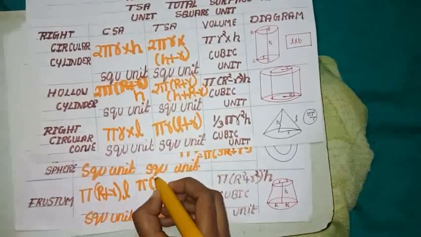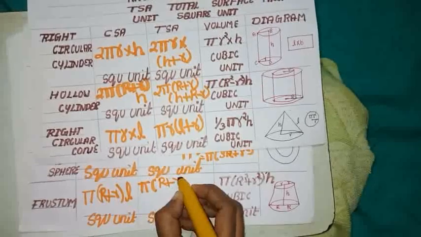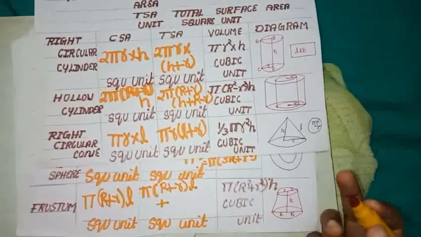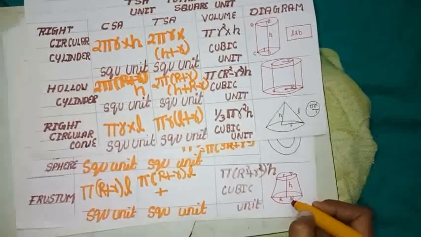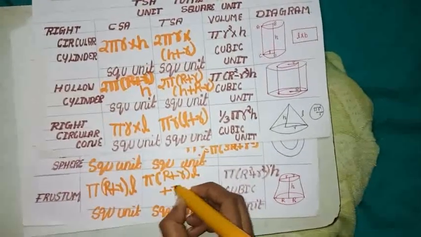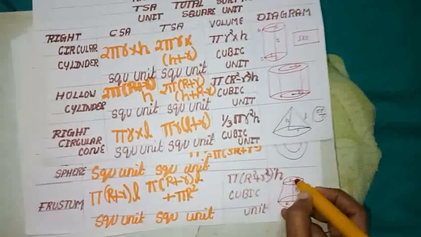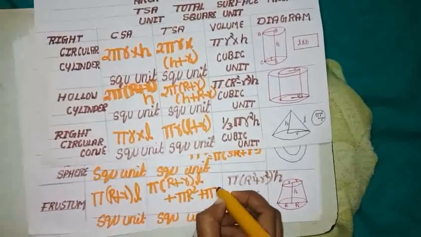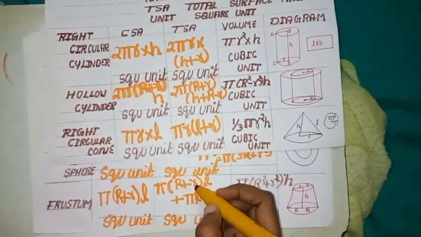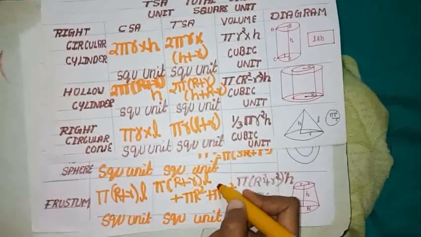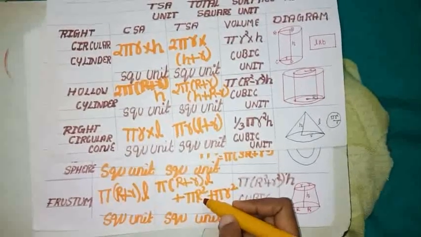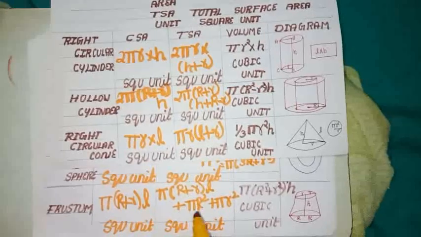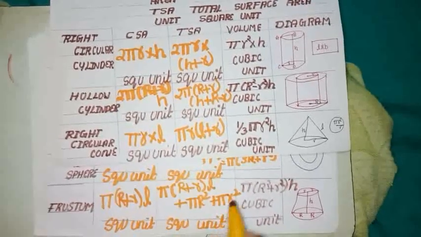So pi into R plus r into L is the outer surface area. Outer surface area is caps R square. Inner surface area, small r square. So the formula is pi into caps R plus small r into L plus caps R square plus small r square. This is the formula, and the unit, square unit, is a must.